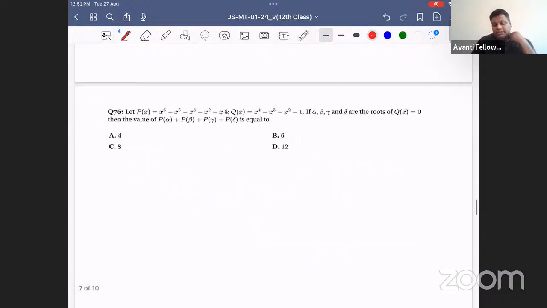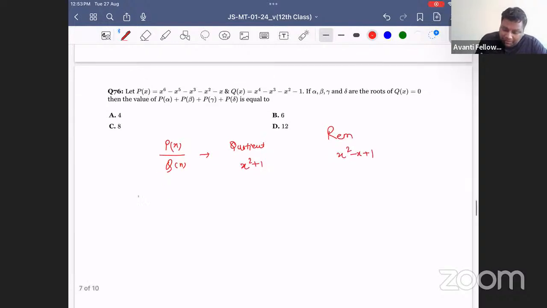Now the question is, let p(x) be this. This is a good question. x raised to power 6 minus x raised to power 5 minus x cube minus x square minus x, and q(x) is this. If alpha, beta, gamma, delta are the roots of this equation. See, if you divide p(x) by q(x), you get quotient as x square plus 1, and you get remainder as x square minus x plus 1.